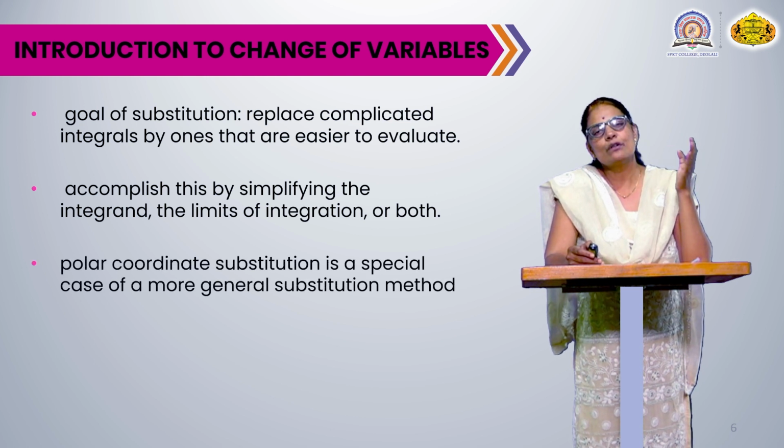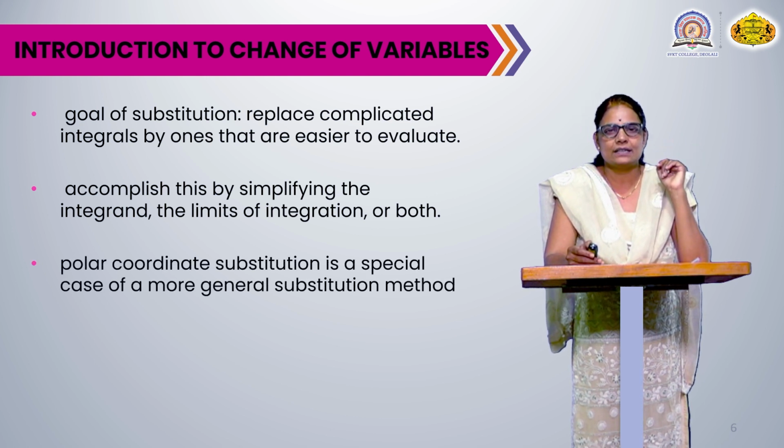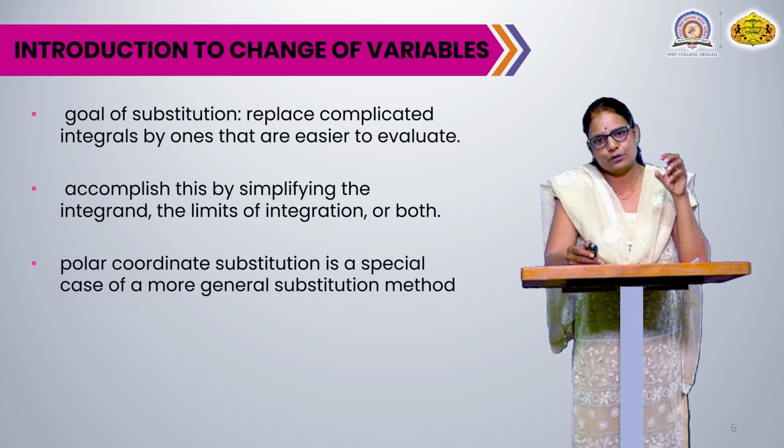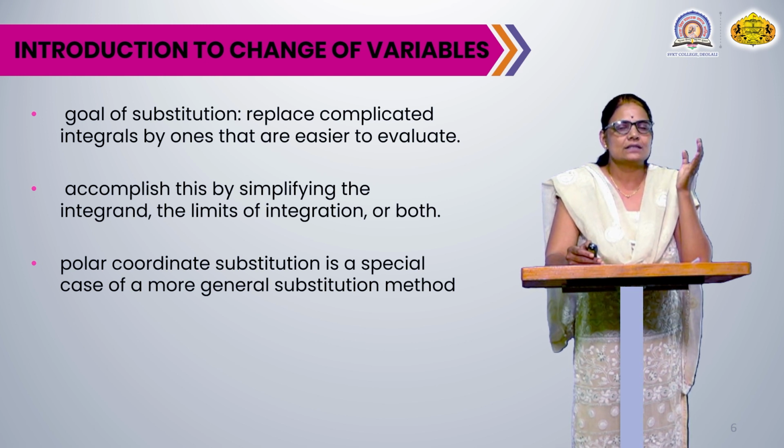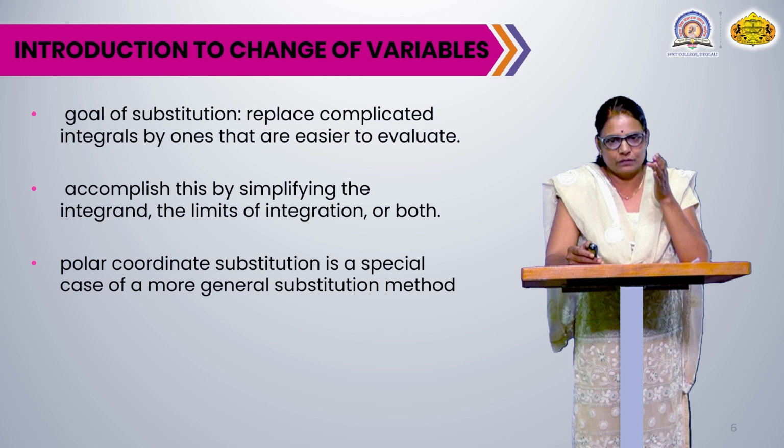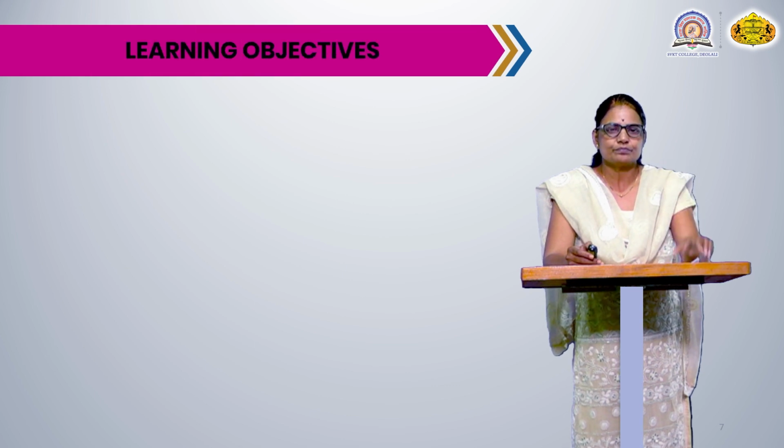We have already studied the polar coordinate substitution method, that is, we solved the double integration by replacing the xy coordinates, the Cartesian coordinates, by polar ones. So polar coordinate substitution is a special type of substitution method.